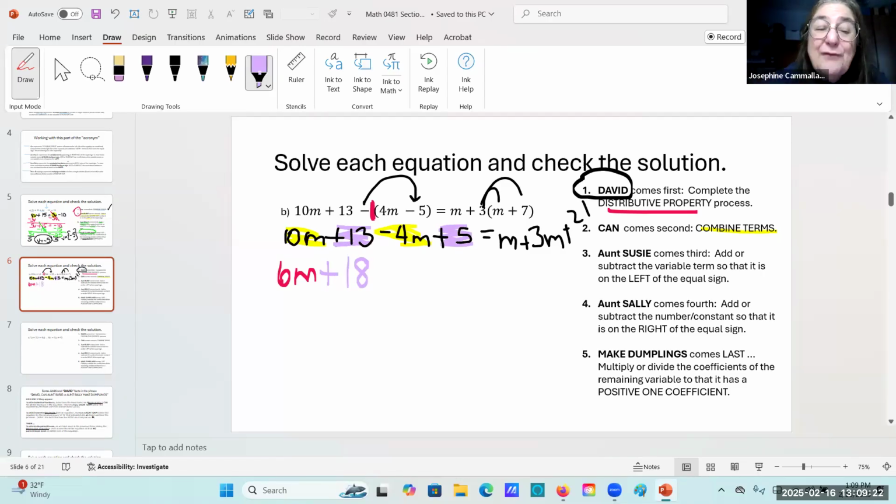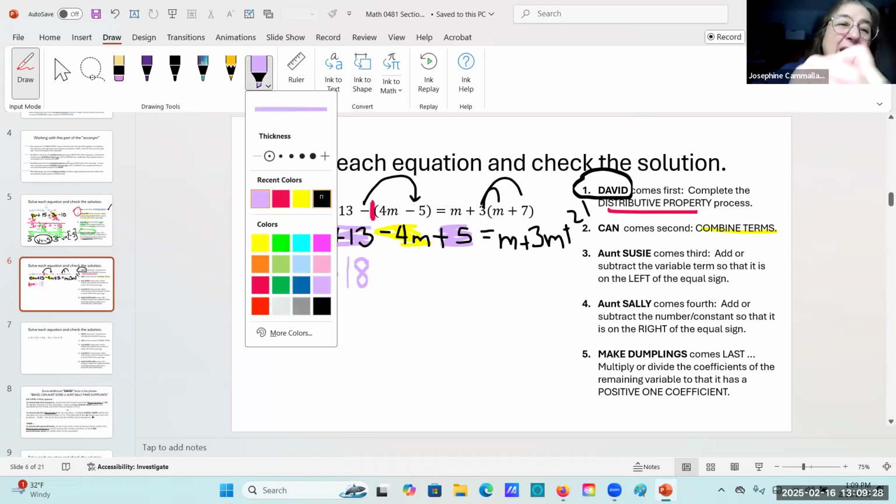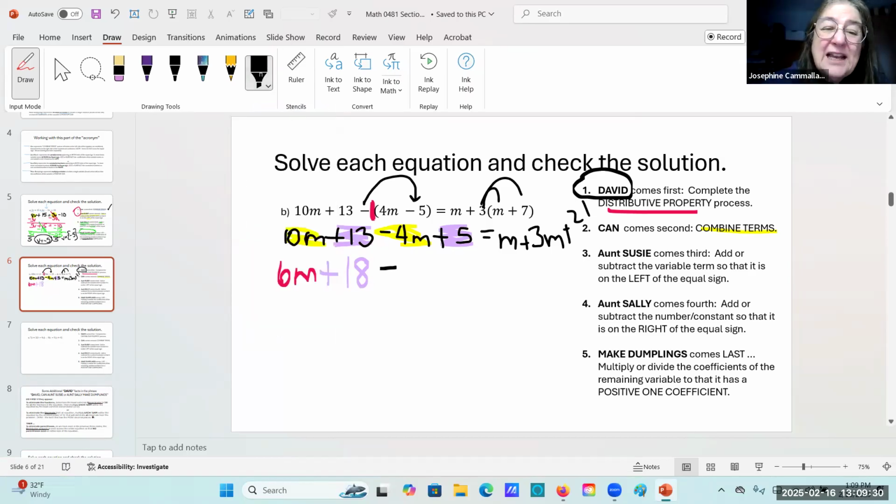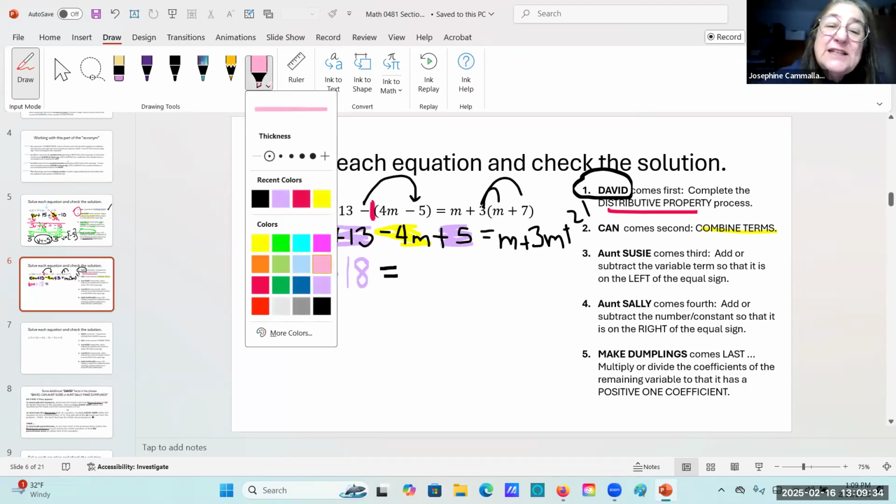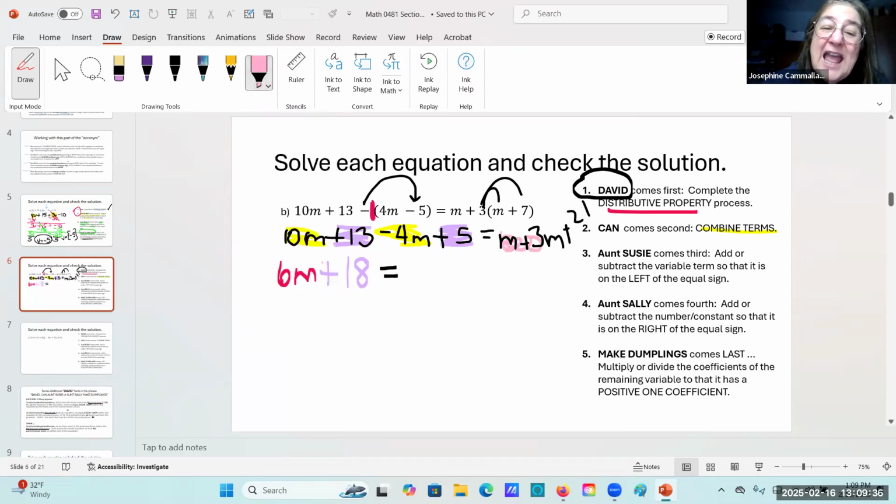Now notice, I've only worked on the left side of the equation. Well, now I'm going to go over to the right side because I'm still going to combine terms. I am going to take this m and this 3m, and I'm going to put them together. I'm still combining terms.